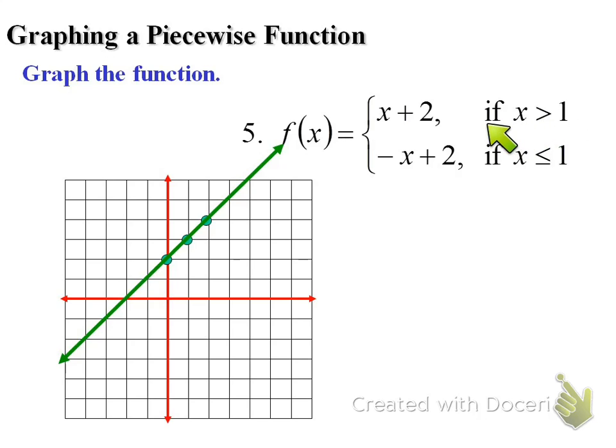We only want that line to apply if x is greater than 1. So where does x become greater than 1? Right here, right? This is x equals 1. So we only want the portion of the graph that applies to x being greater than 1. So we are going to put an open circle, because look, x equals 1 is not included.